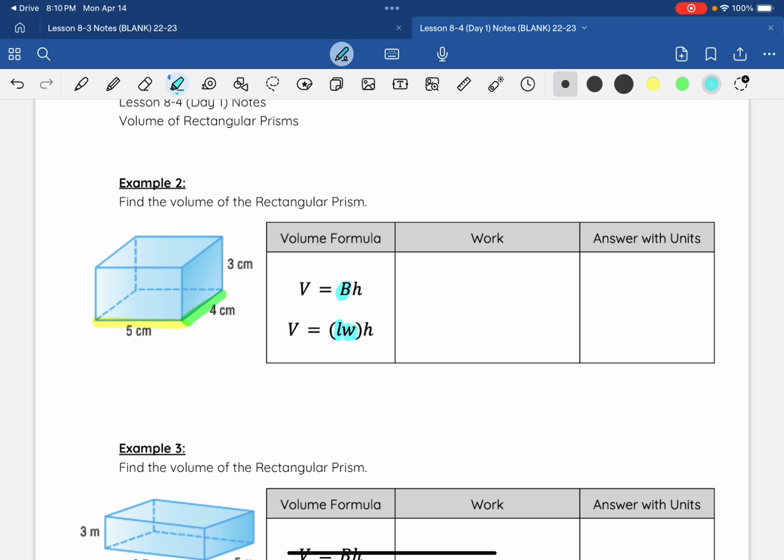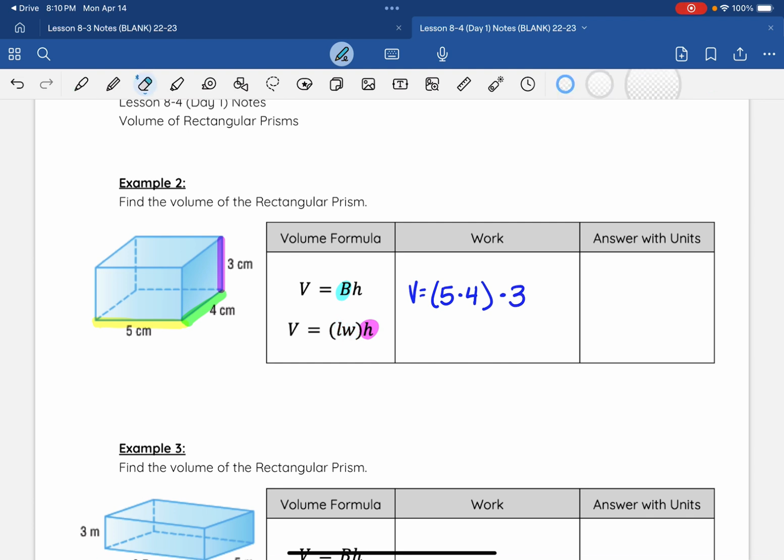Then our last one, which is our height, is top to bottom. So when we write this out, we're going to have volume is equal to our length, which is 5, times our width of 4, and then that times our height of 3.